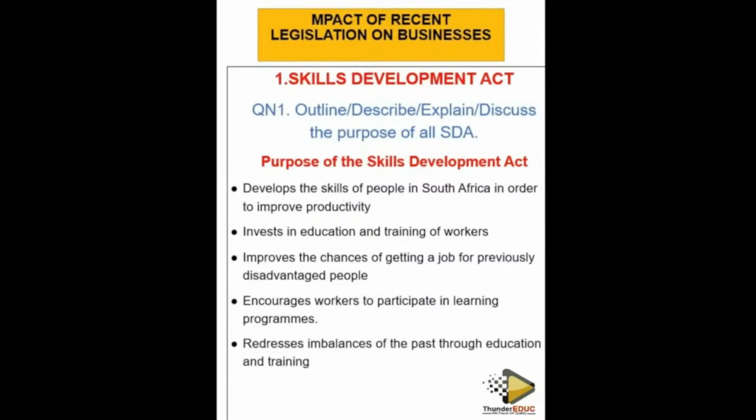So moving on, we have redresses imbalances of the past through education and training. So now, as I've actually said, in the past, Black people were somehow disadvantaged. So now this act was established so as at least to reduce the education gap between white people and Black people.